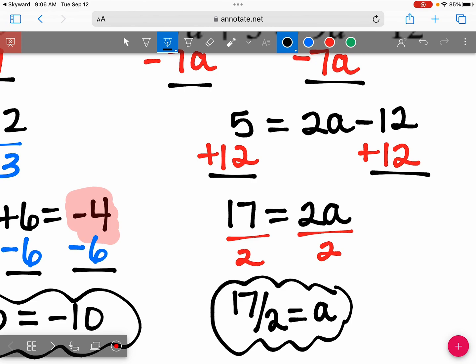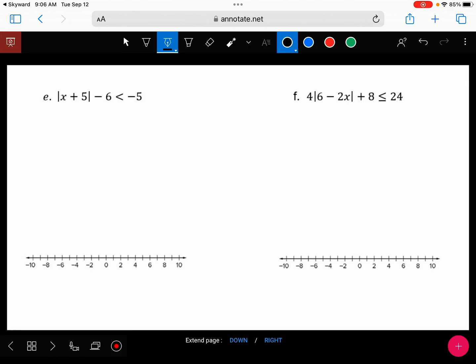So we have two more inequalities to solve, and then we're going to get into 9.3. So go ahead, take out your notes. I think we ended up yesterday on page 8. I'll check that later.